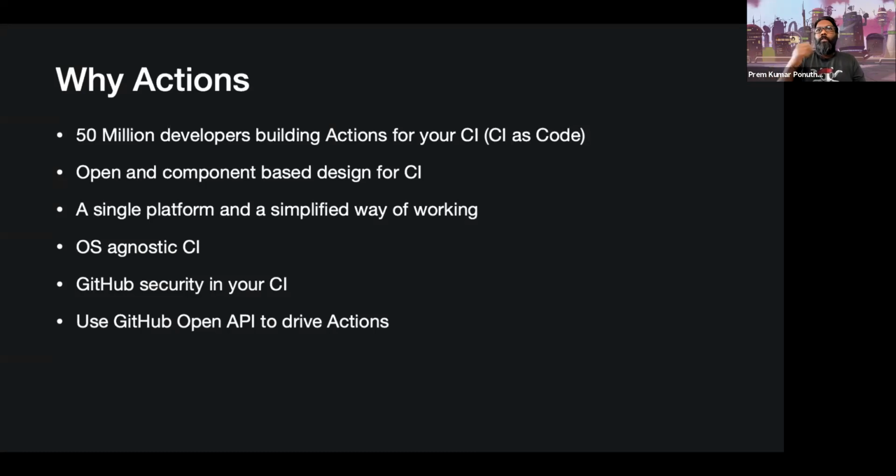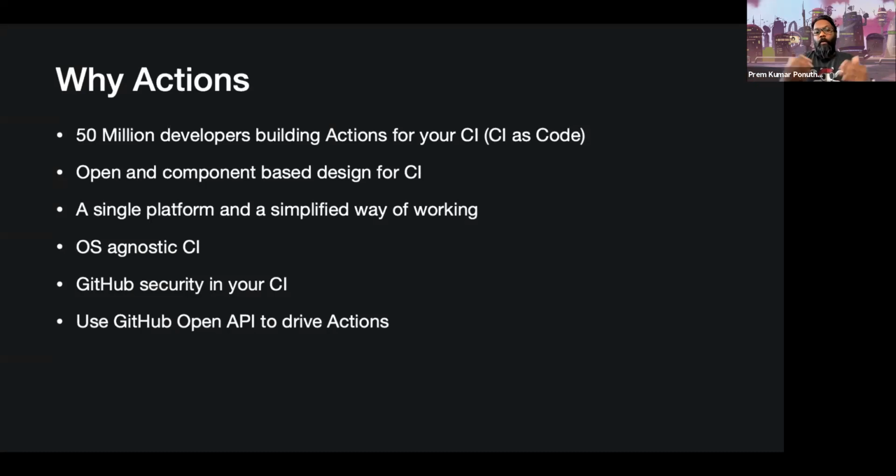All you need to do is just point a reference to those actions in your workflow files that you're going to define. And it's going to be as easy as 1, 2, 3 to point the dependencies and use it in your workflow, with all the transparency and the log information that you would get at your hand. It's following an open and component-based design for continuous integration.